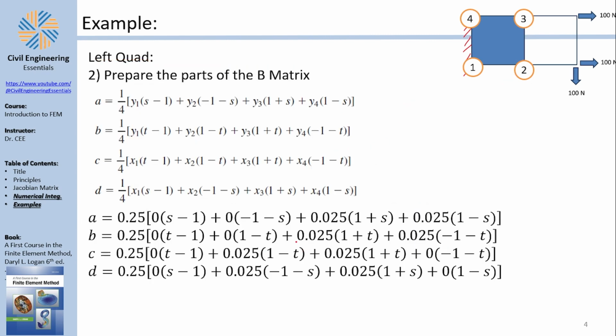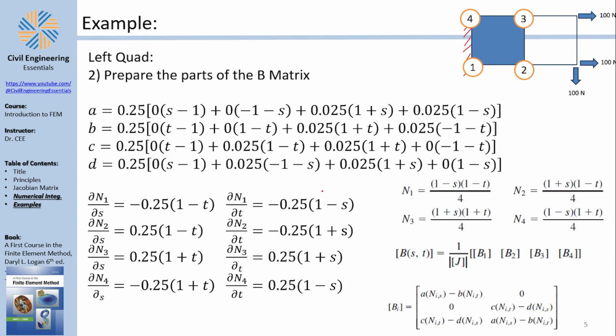And this would, of course, lead us to prepare the B matrix. The B matrix, as Logan's book suggests, needs you to calculate A, B, C, D, which are some constants. Not really constants, they are functions in S and T, which I have evaluated here for the given coordinates. And then, of course, use it to evaluate the B matrix here, because the B matrix needs the derivatives of all the shape functions.